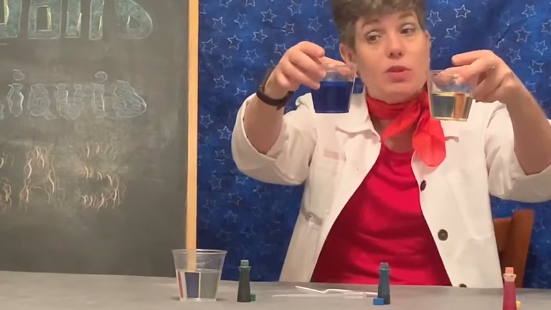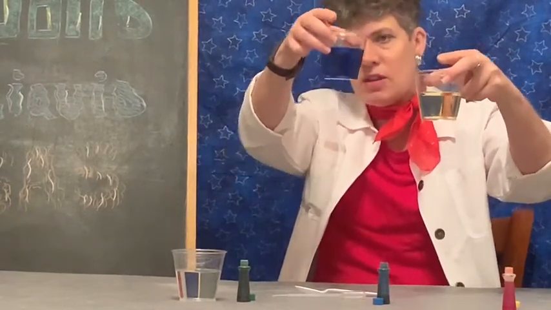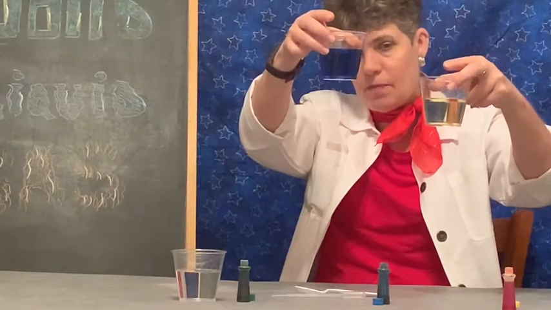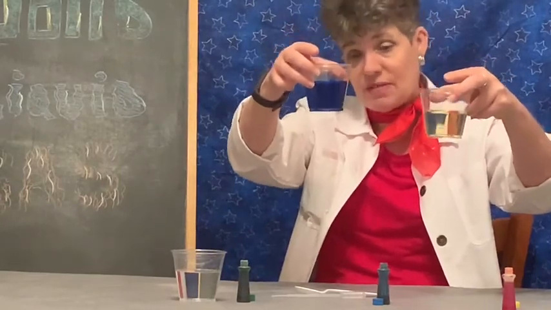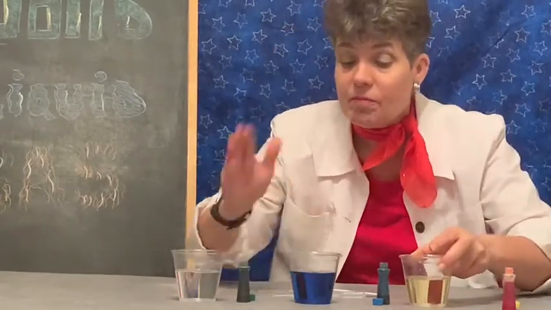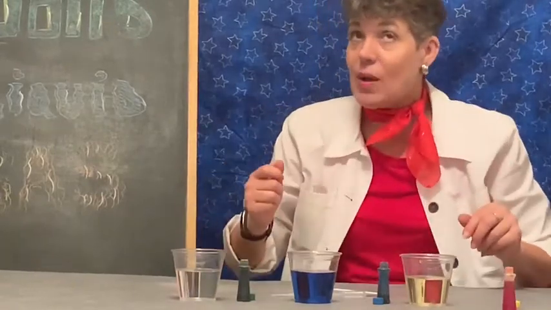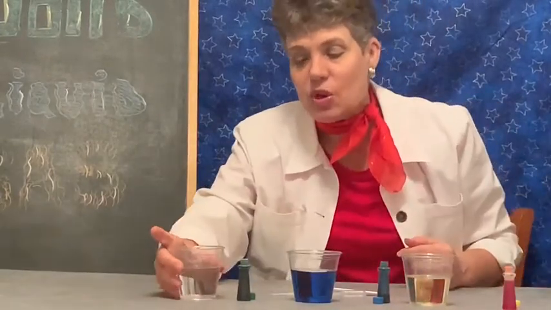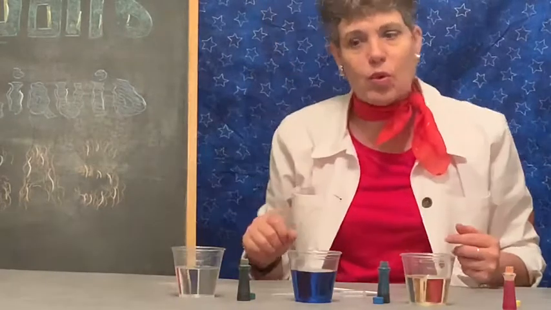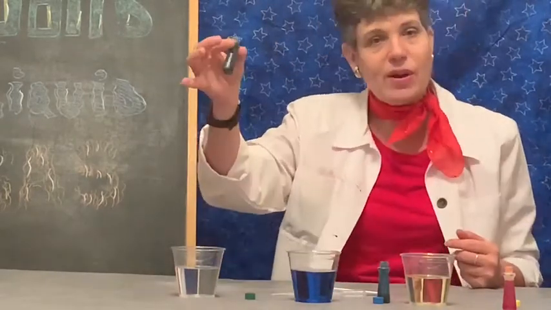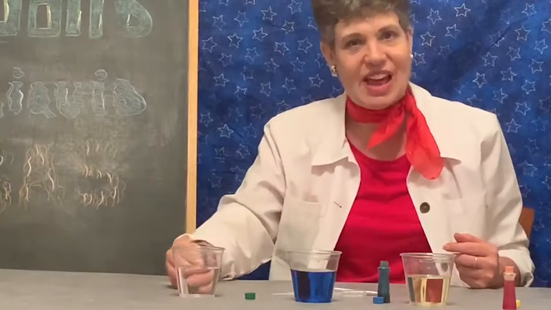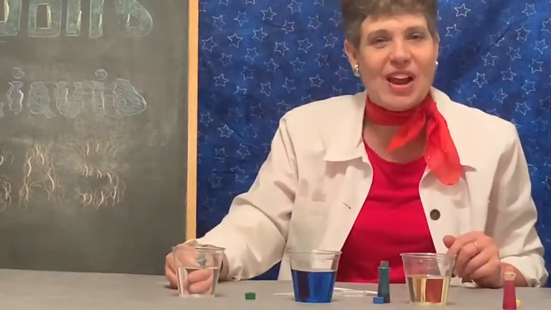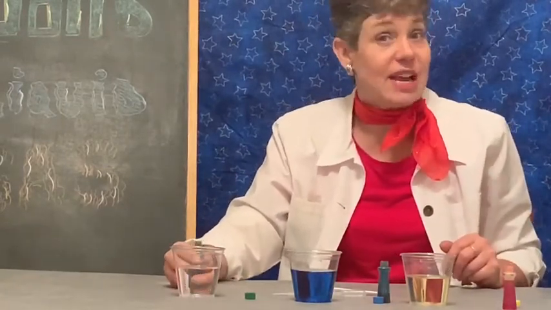Well, because the blue is a little bit darker, it's a little bit more difficult to see through, but yet slightly transparent. Does it have an odor? Not quite with the waft. Well, let me ask you this question. What do you think will happen when we place the green food coloring into the third cup? Go ahead and write your prediction down now, please, in your science class notebook.